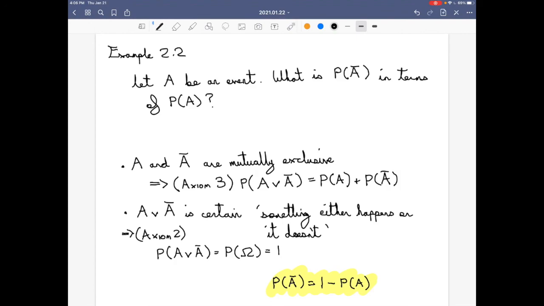And all we're doing here is formally deducing that principle from the axioms of probability. We're saying that if you want to figure out the probability that something doesn't happen, you take the probability of certainty, which is 1, and subtract the probability that it happens.